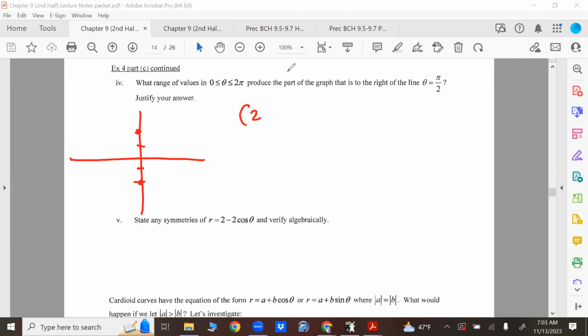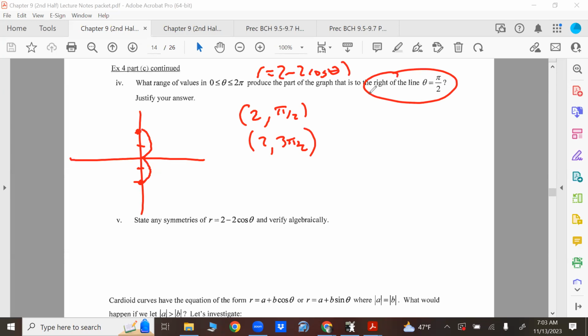Our equation is r equals 2 minus 2 cos theta. If you plug in pi over 2, we got 2, and likewise at 3 pi over 2. And again, there's a little divot that happens there. So clearly to the right of theta equals pi over 2, what range of values for theta produces that? Clearly between pi over 2 and 3 pi over 2, just by looking at it.